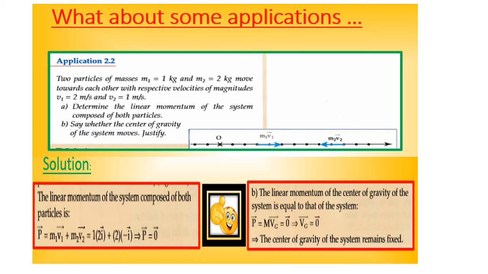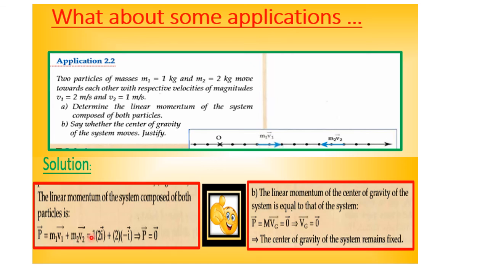Questions are: Part A, determine the linear momentum of the system composed of both particles. The linear momentum of the system composed of both particles is P equals m1 v1 plus m2 v2 equals 1 into 2i. Why 2i?